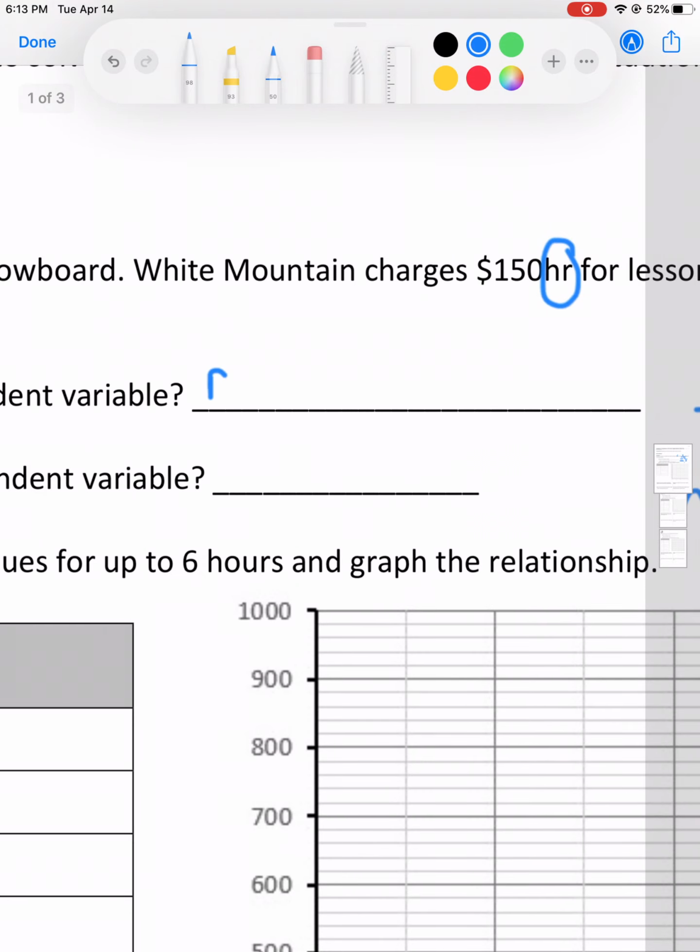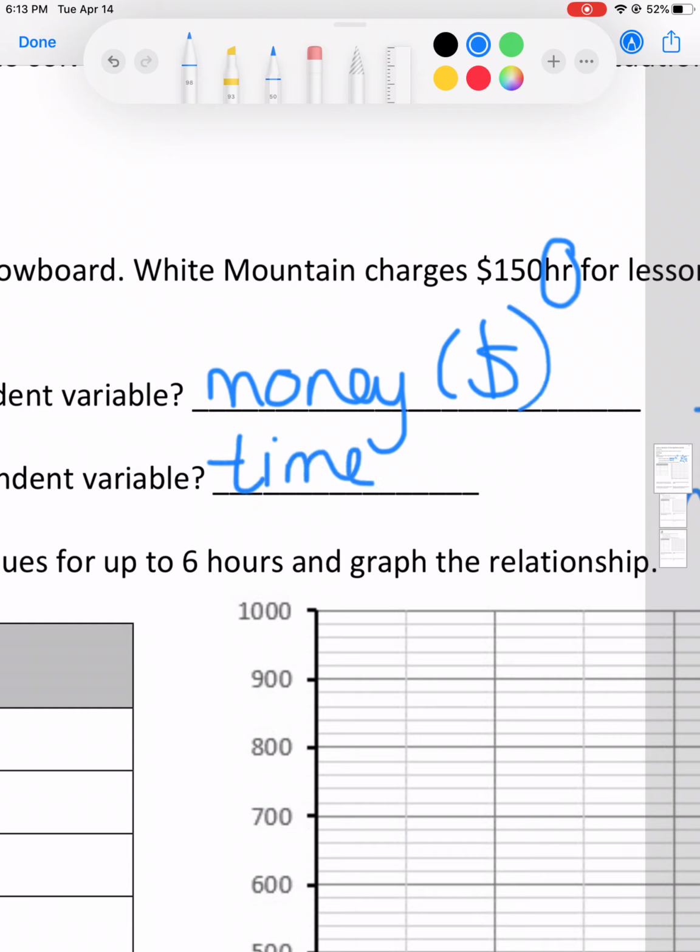So the money. And then the independent variable is time, because if you're going to spend that much money on snowboarding, you're probably going to take the time to actually learn. So you're going to do what you can to actually get there, right?